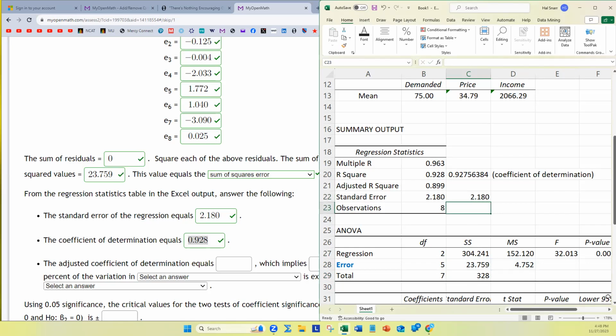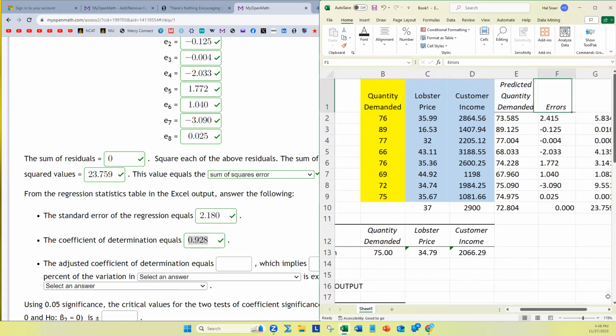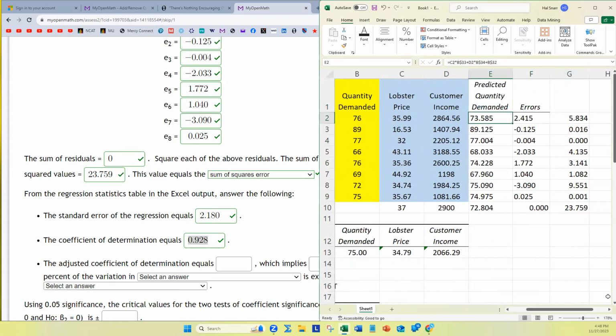Now the biggest that this can be is 1. Because if you remember this right here, it's mean square due to regression. That's essentially the variance of these predicted values. Right?